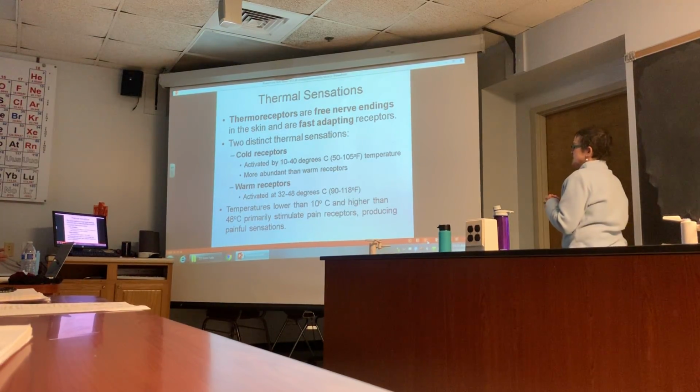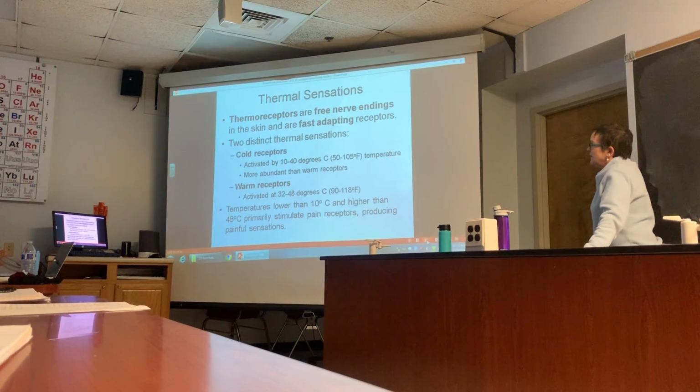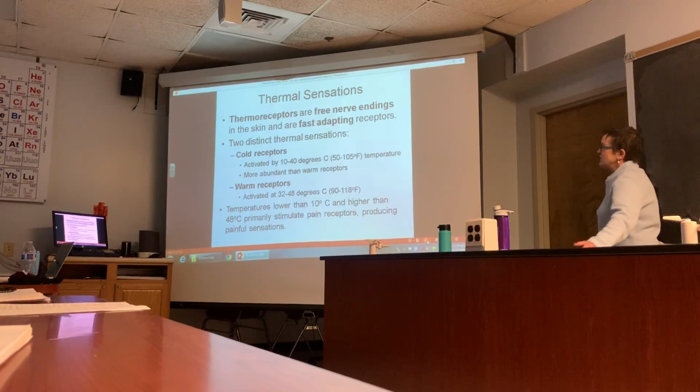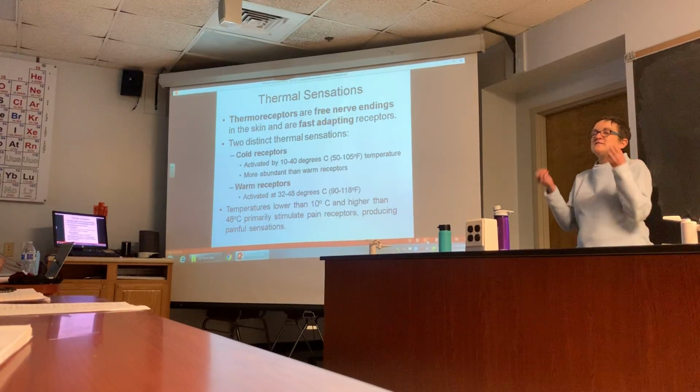Warm receptors are activated. By activated, that's when they are stimulated at 32 to 48 degrees, or 90 to 118 degrees Fahrenheit. So you can see there's some overlap in temperature, but they're going to be activated, and they're going to send signals to your brain.